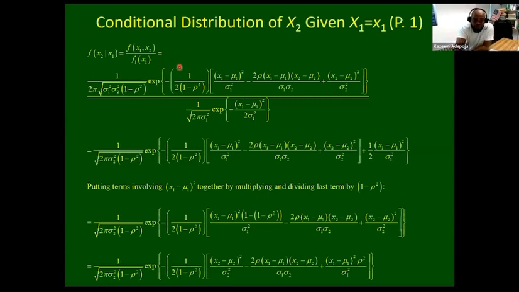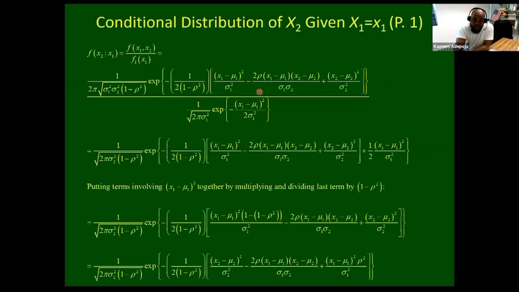So, before you do the conditional function, this is the formula that we're going to use in deriving that. F of x2 given x1 is going to be the ratio of the joint to the marginal. This is the joint normal density for x1, x2. And this guy now is the marginal, which is the univariate.